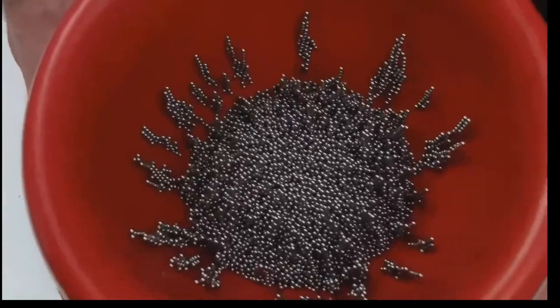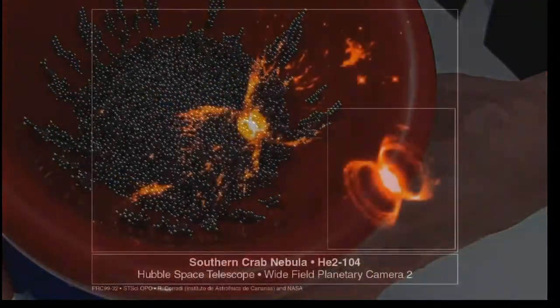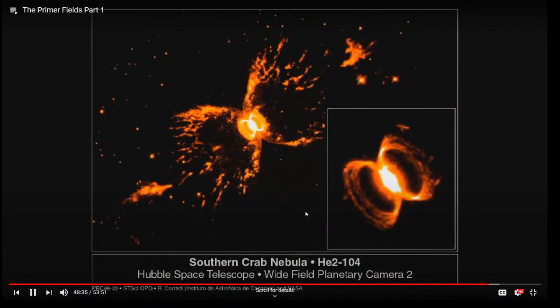We saw how pouring 2mm steel balls into one of these magnetic bowls revealed the true forces at work in the Southern Crab Nebula.